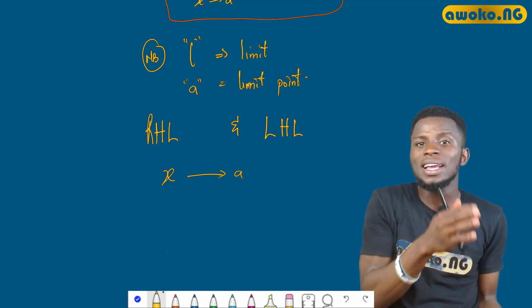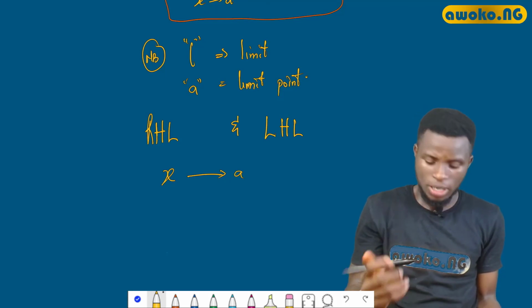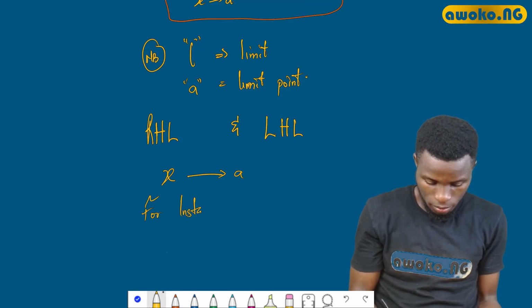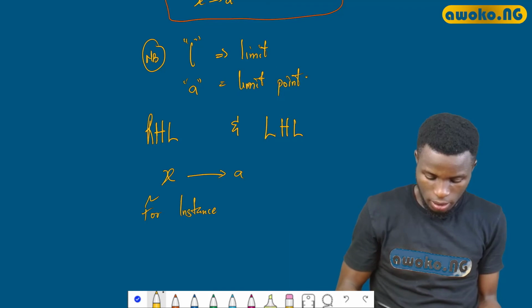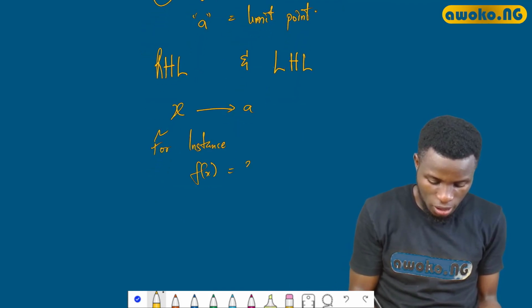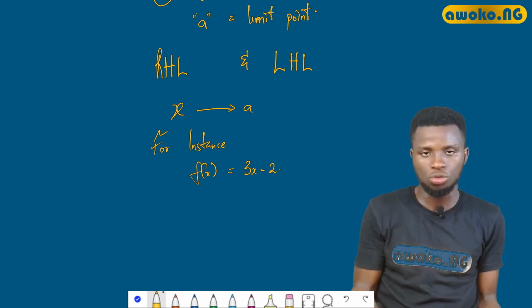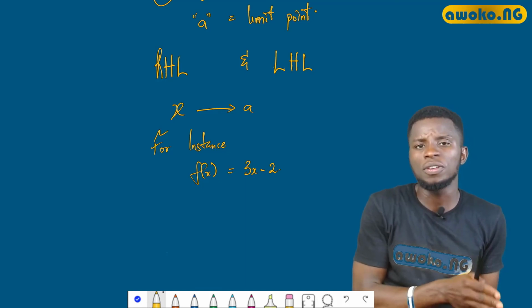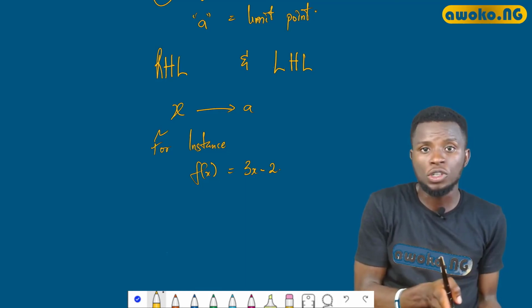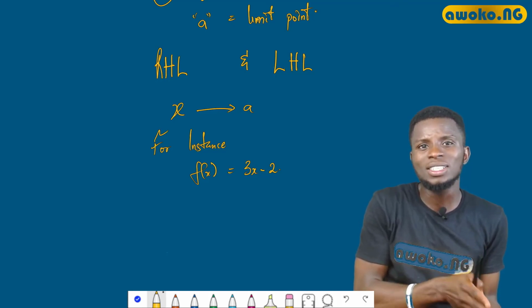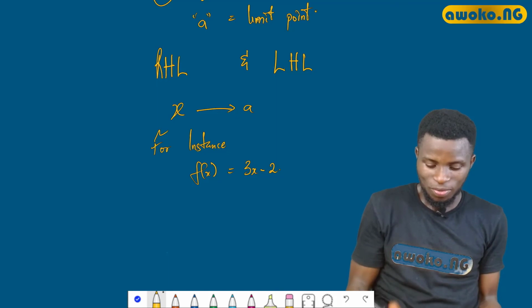So in the example we considered above, we had earlier that f of x equals 3x minus 2. Therefore, we have the limit of the function 3x minus 2 as x tends to 2.